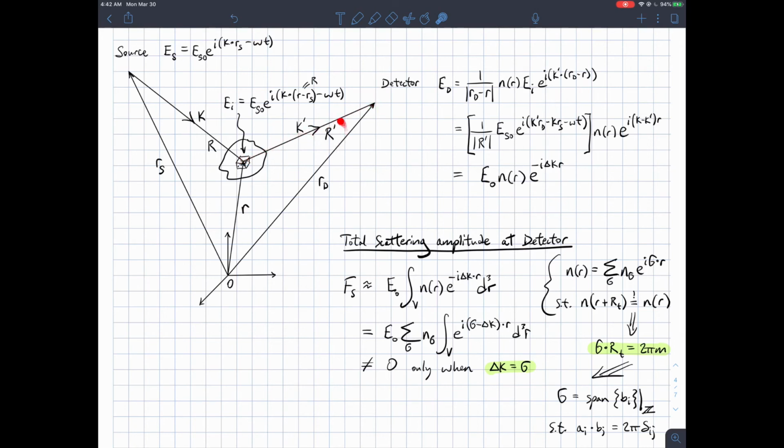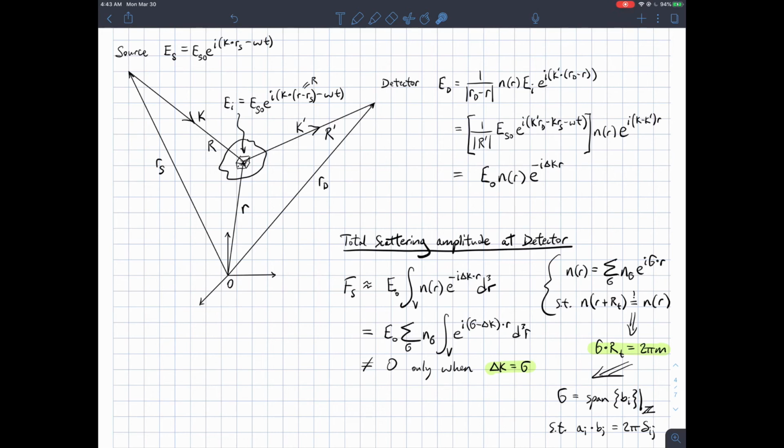So r prime is essentially constant with respect to r. The paraxial approximation is only valid for amplitudes, not for phases. So the phase here is very sensitive to that R, so it has to remain. So all of the terms that aren't dependent on R are in this E0, and we end up with just this simplified term here.